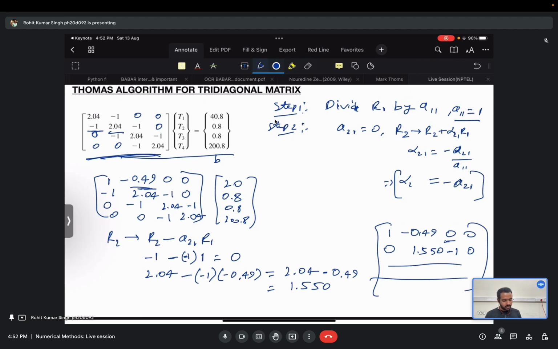And for the B matrix in this step, you have 0.8 and minus of minus 1 into 20, right? So it will be 0.8 plus 20.